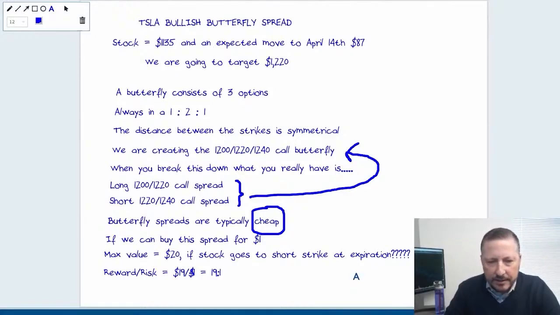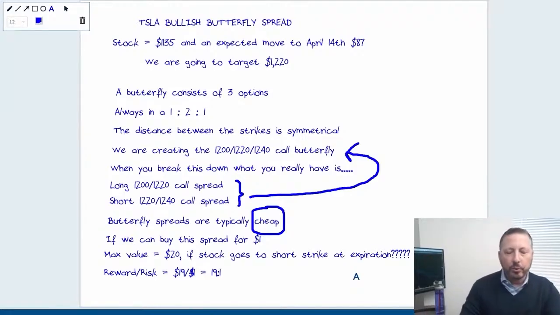Well, it tells us that the probabilities of that happening are pretty low, which is why I said at the beginning of this conversation, this is kind of like hitting the bullseye or pinning the tail on the donkey. That's the way that butterfly spreads work. And that's a reason why traders love butterflies, because they're typically very cheap. They provide huge reward to risk, but they don't always come into play at that maximum gain.